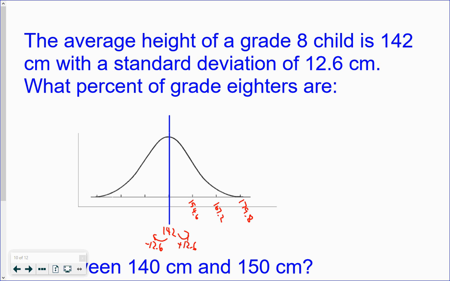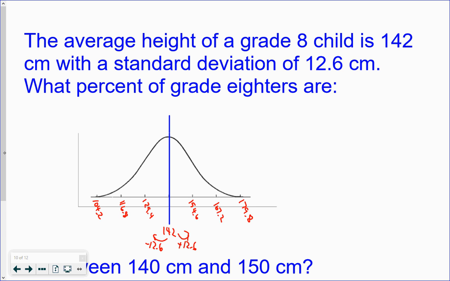Okay, if I go 142 minus 12.6 now to get the ones that are below the mean, I get 129.4, 116.8, and 104.2. So again, what that means is that 99.7% of the kids in grade 8 should have a height between 104.2 and 179.8 centimeters.